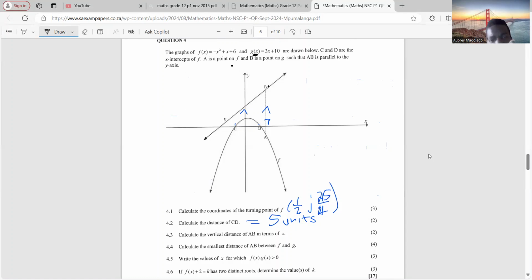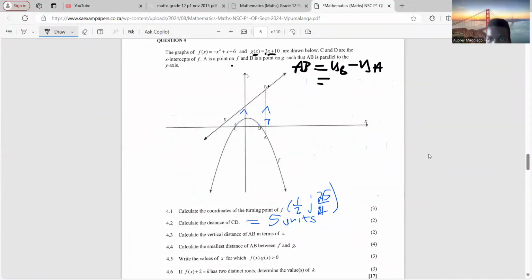If f of x represents y and g of x represents y, you can see B is a point on g, and g of x is y, and g of x is equal to this whole equation. So we know that the distance of AB is going to be equal to y at B, which is y at the top, minus y at A. Then we don't have the actual values for the y coordinates to substitute.